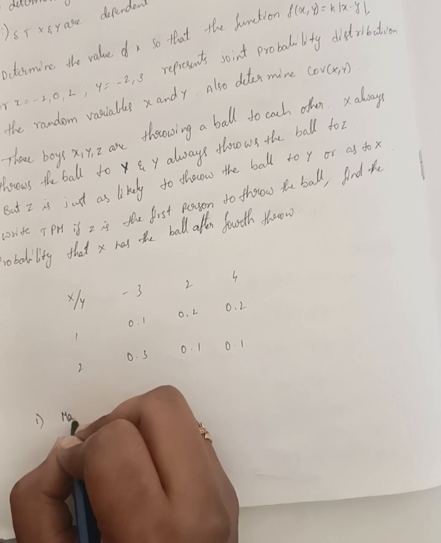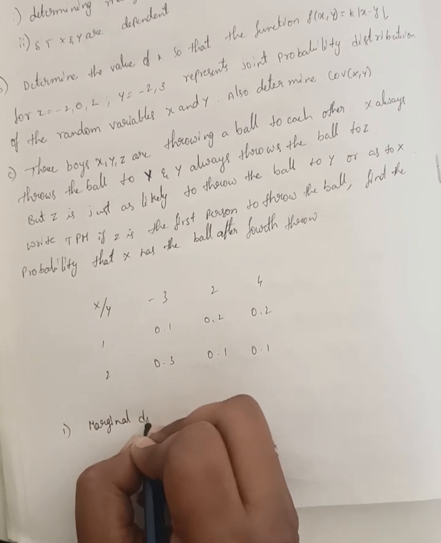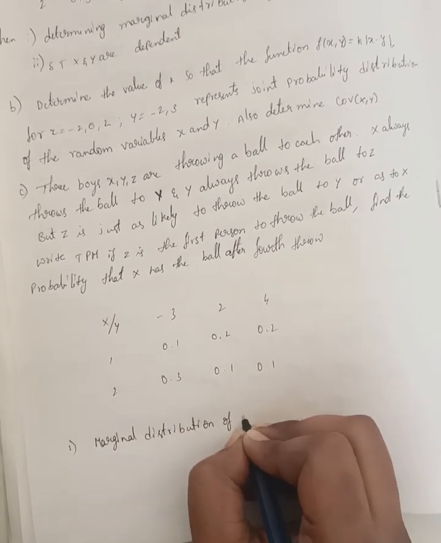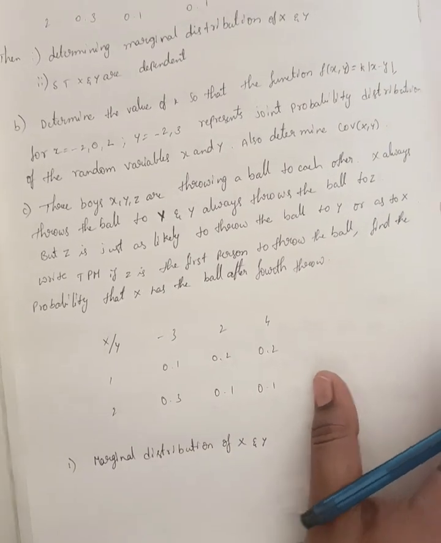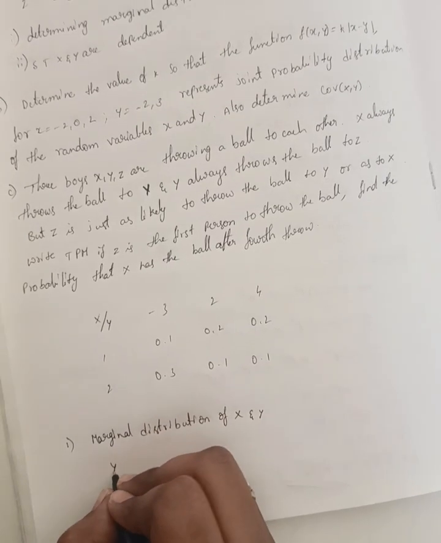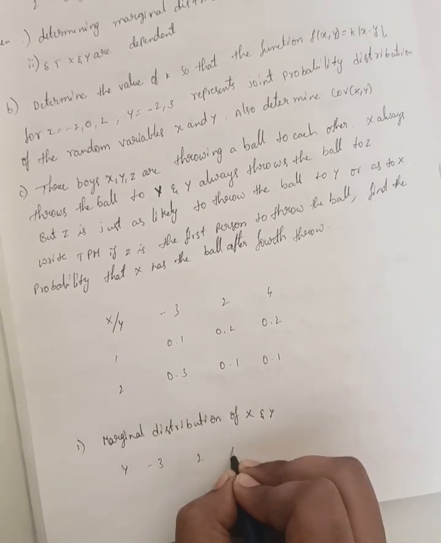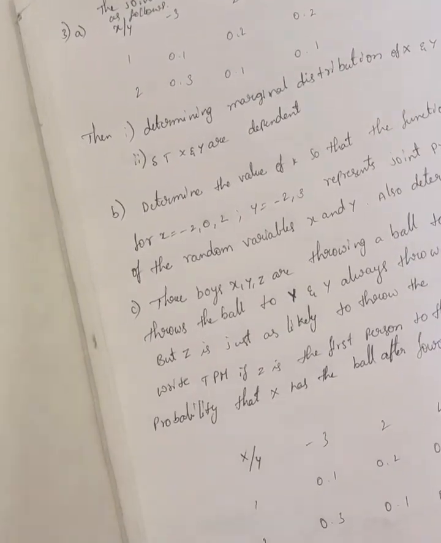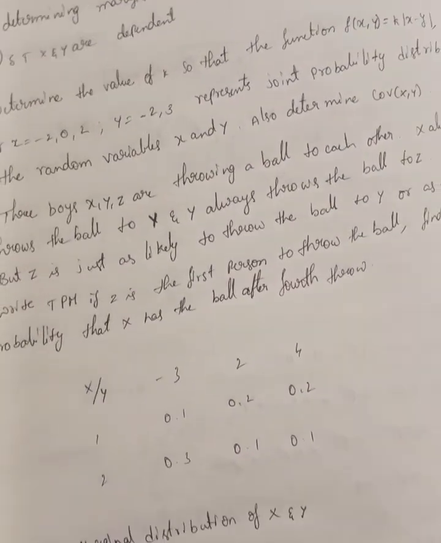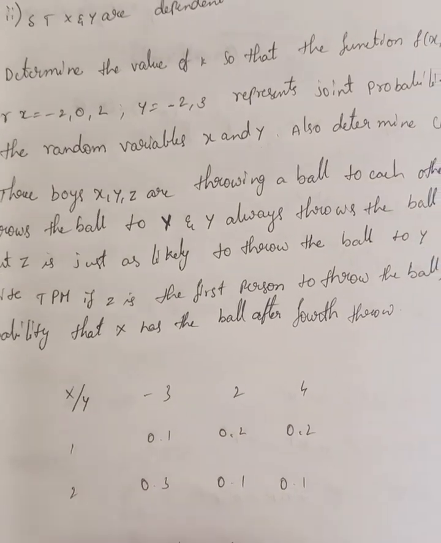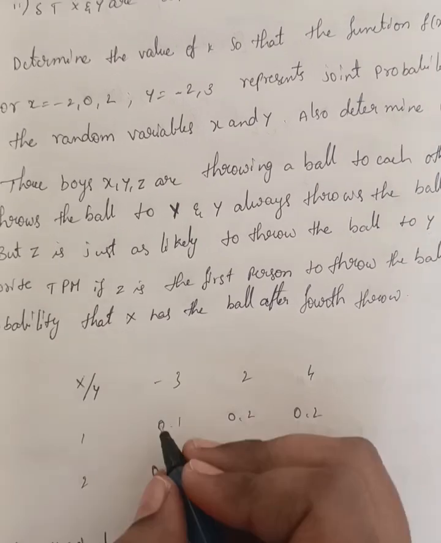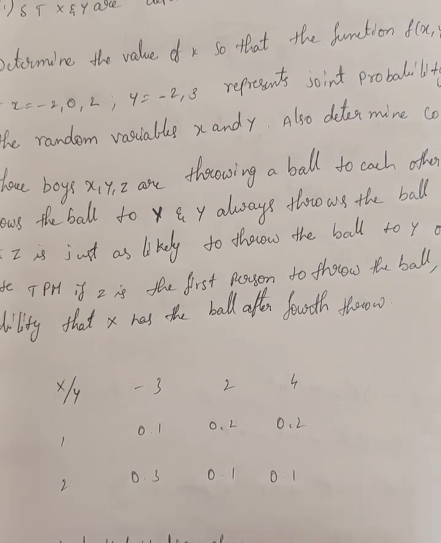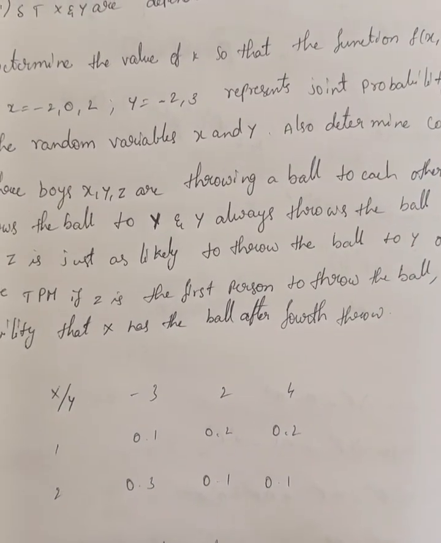First, the marginal distribution of X and Y. F of y equals the column sums: 0.1 plus 0.3 is 0.4, 0.2 plus 0.1 is 0.3, 0.2 plus 0.1 is 0.3.